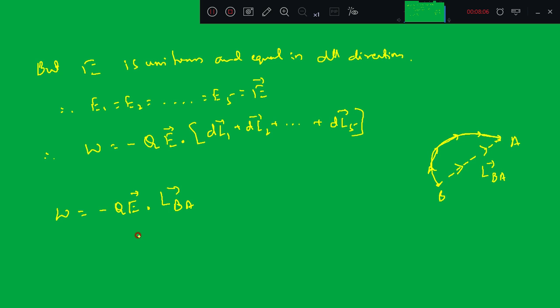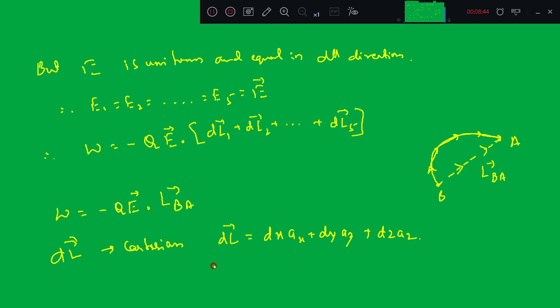If you want to calculate dl in different planes, there may be Cartesian, cylindrical and spherical planes. So the differential length dl varies depending on the plane which you choose. If you choose the Cartesian plane, the dl will be dx into ax plus dy into ay plus dz into az.